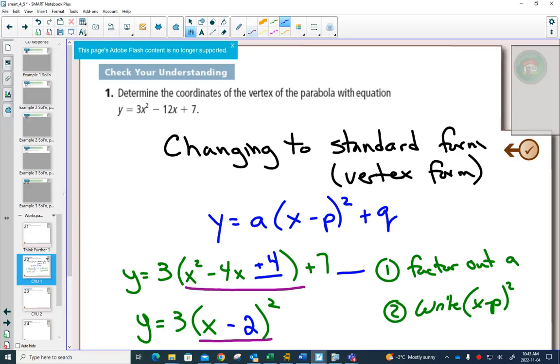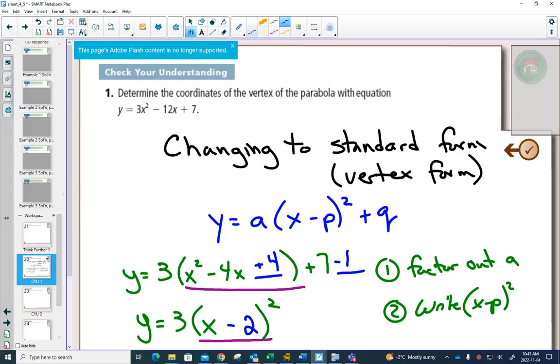Anybody know why, if I add 4, I actually have to subtract more to make it equal? Subtracting 4 is not enough. By adding 4 right there, how much would I have to subtract here to make it balanced? 12.